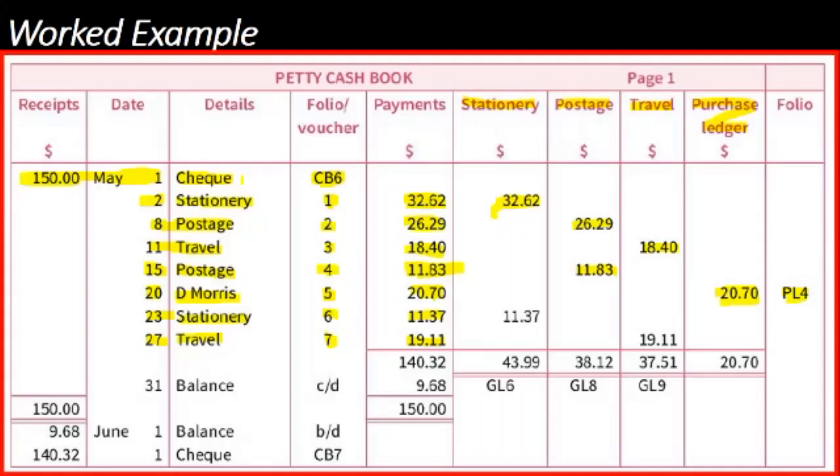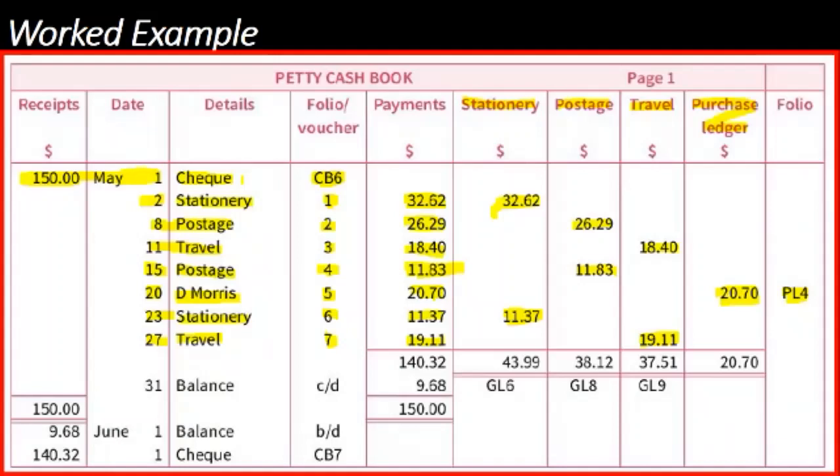Page 4. And stationery, we extend it into the stationery column. Travel, we extend it into the travel column. Okay. Now, some people prefer to do the analysis as they go along with the transaction.